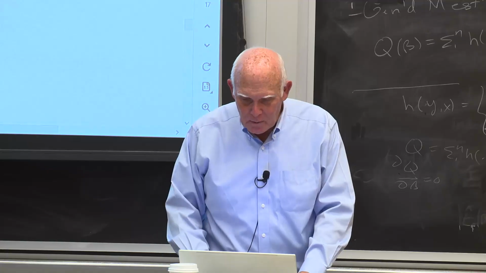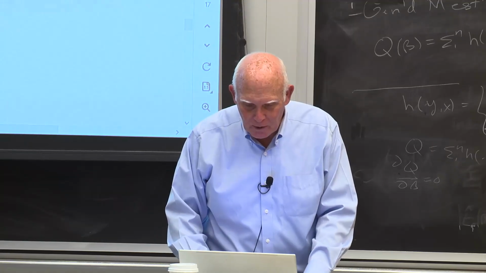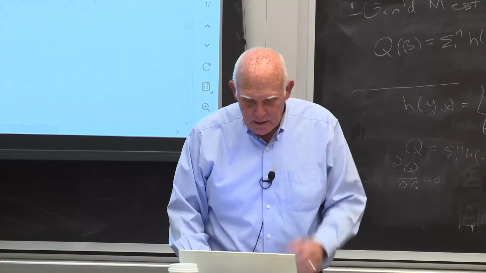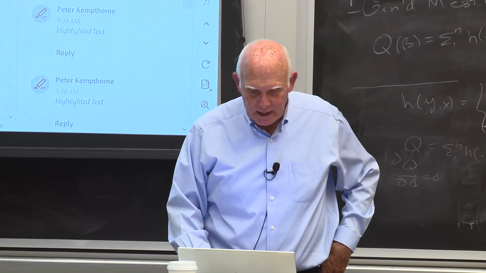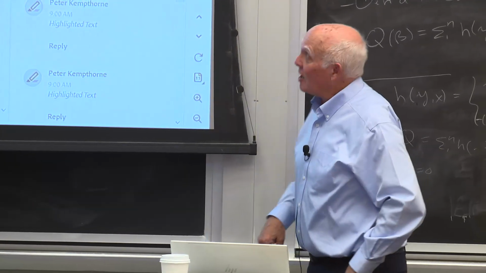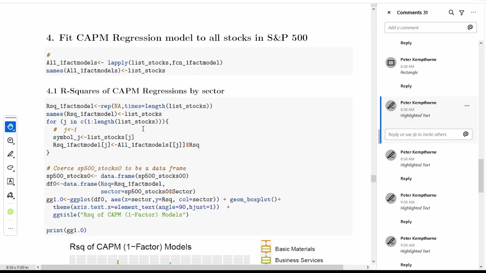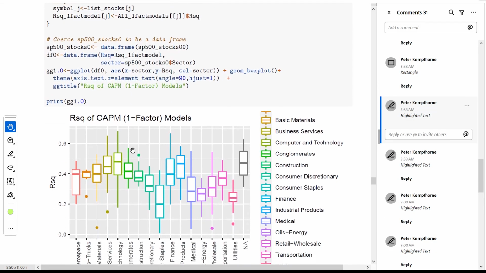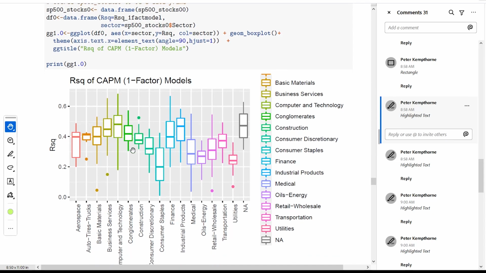Anyway, with that background for hypothesis testing, let's go back to fitting the capital asset pricing model to all stocks in the S&P 500. The code here basically fits this capital asset pricing model regression for all the stocks that have data going back several years.